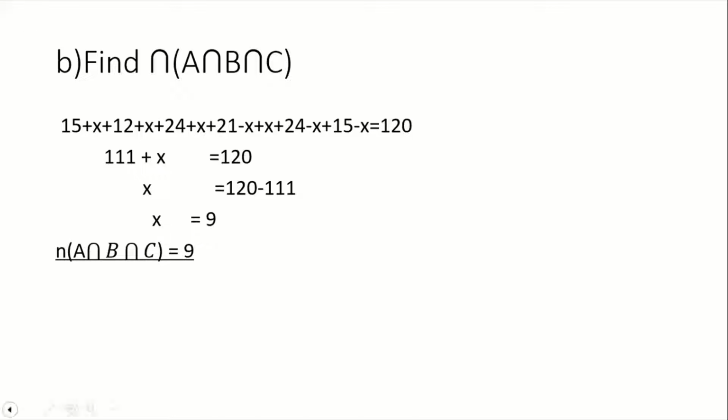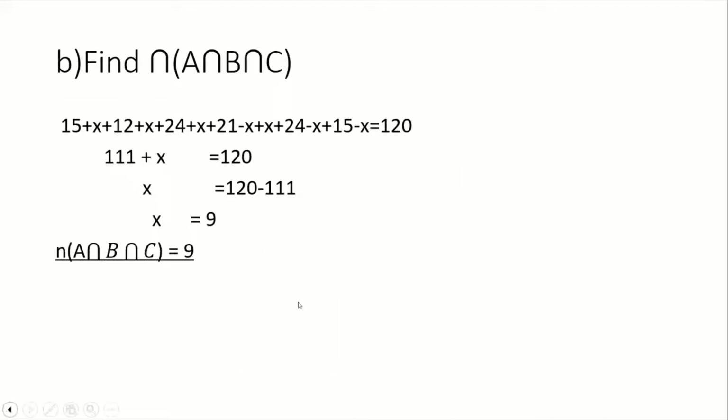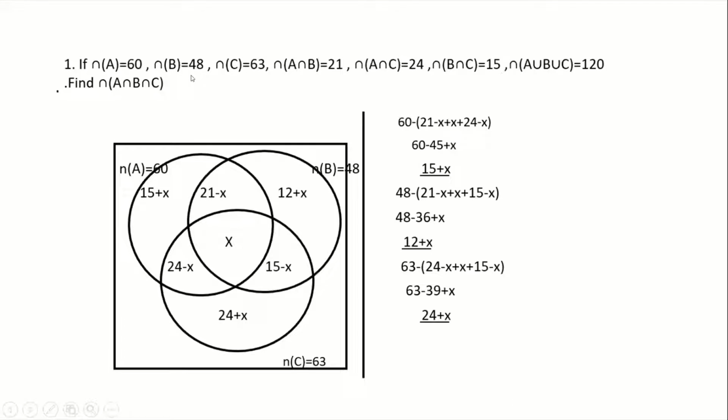That will be 15 plus x plus 21 minus x plus 12 plus x plus 24 minus x plus 24 minus x plus this x plus 15 minus x plus 24 plus x, which gives us a 120.